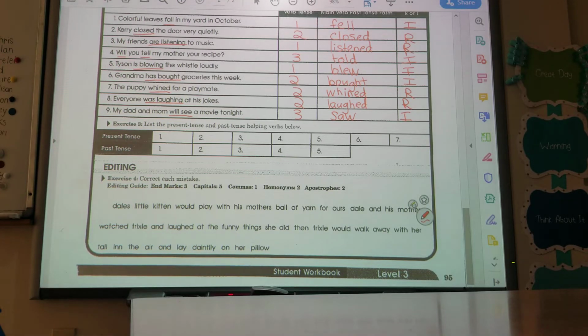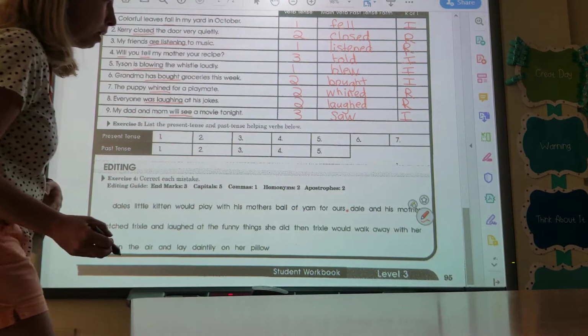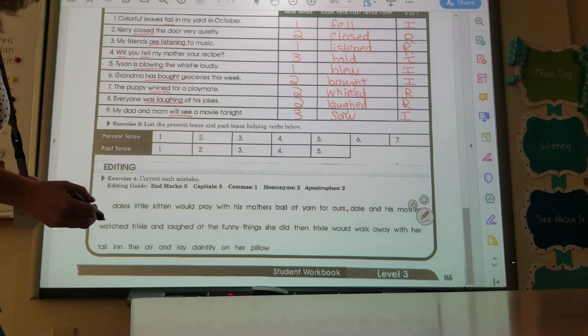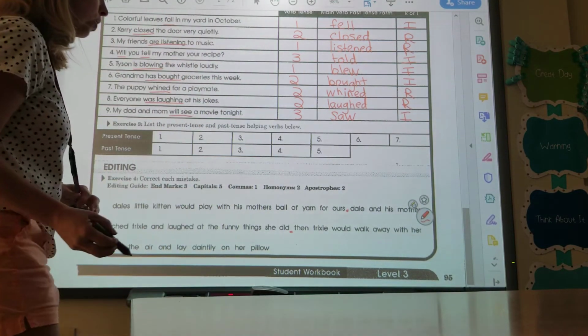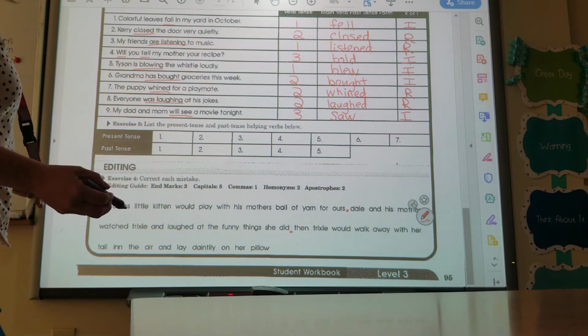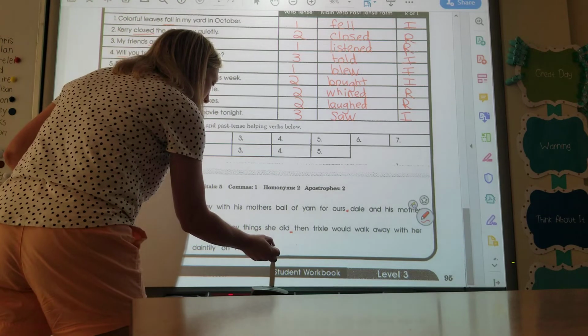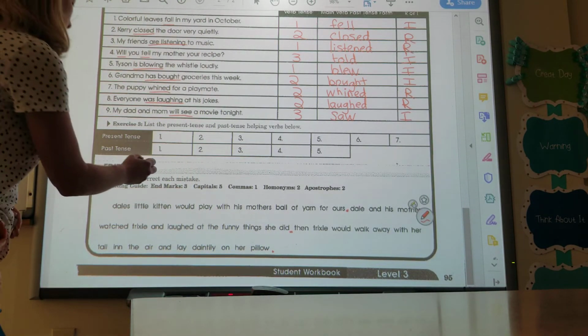So, all right, Dale's little kitten would play with his mother's ball of yarn for hours, period. Dale and his mother watched Trixie and laughed at the funny things she did, period. Then Trixie would walk away with her tail in the air and lay daintily on her pillow, period. All right, so there should be 3 end marks, so we can cross that off.